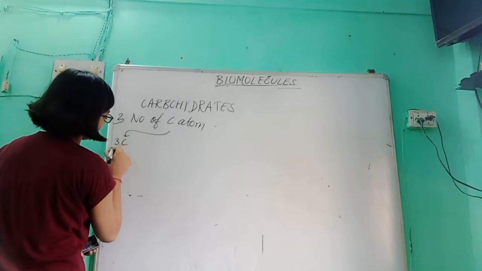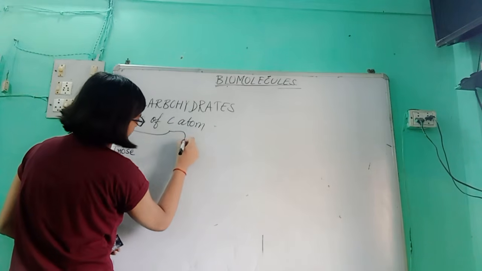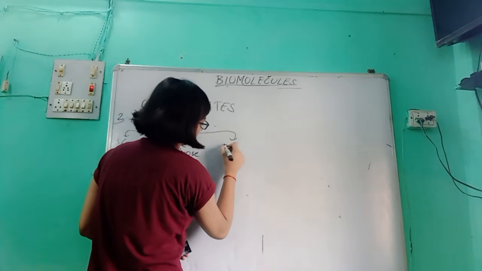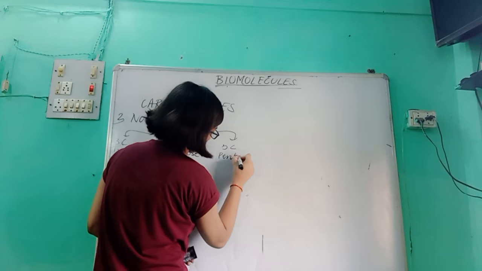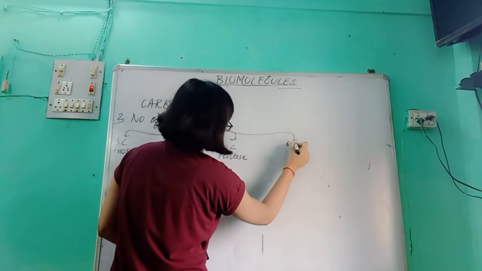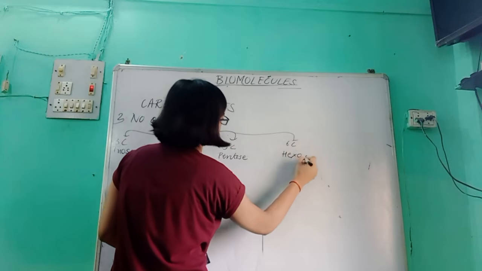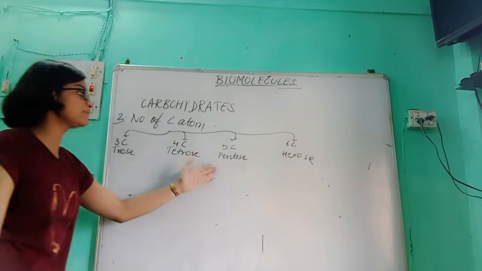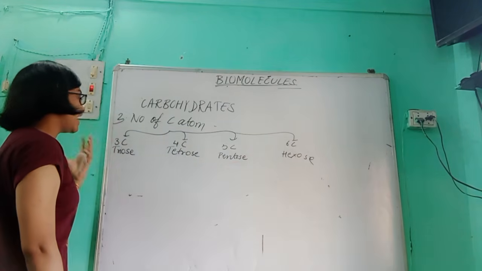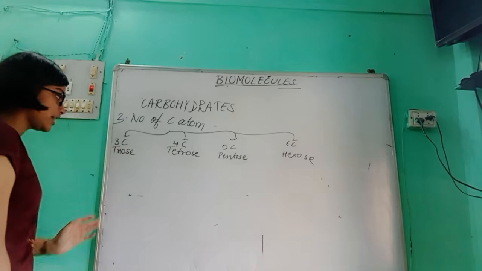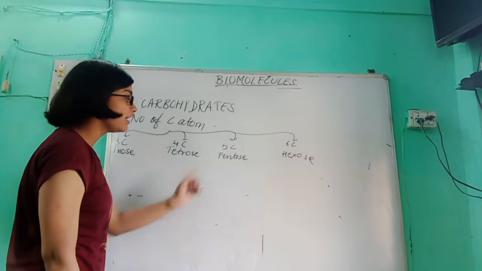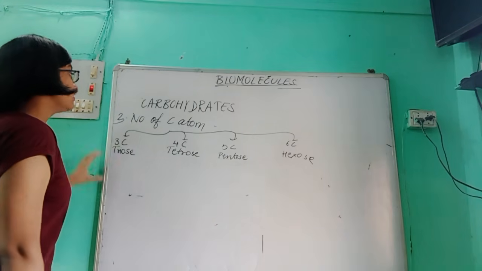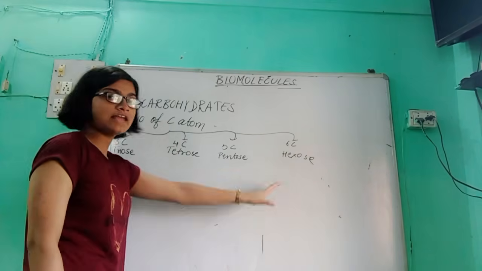For 3 carbon atoms we have triose, for 4 carbon atoms tetrose, for 5 carbon atoms pentose, and for 6 carbon atoms hexose. Combined with functional group, we can say aldotriose, ketotriose, aldotetrose, ketotetrose, aldopentose, ketopentose, aldohexose, and ketohexose.